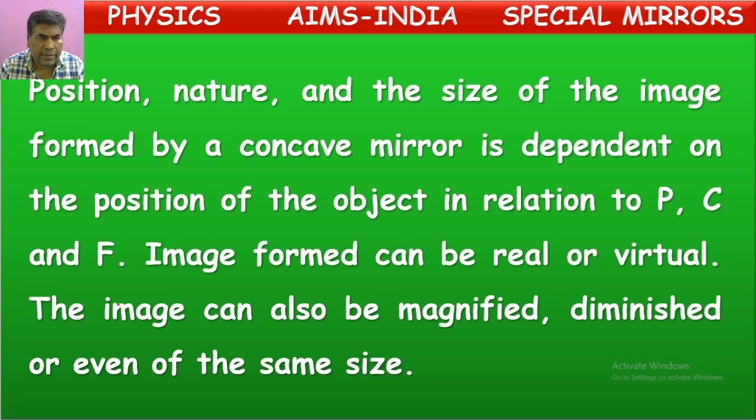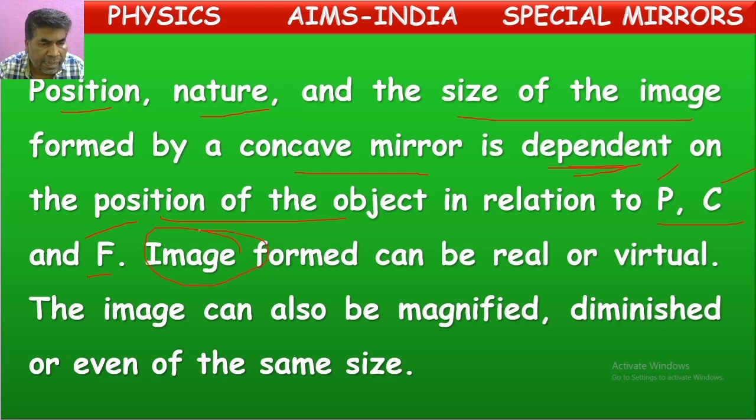Okay, next. Here the position, nature, size of the image formed by a concave mirror is dependent on the position of object in relation to what points? Pole, center of curvature and focus.